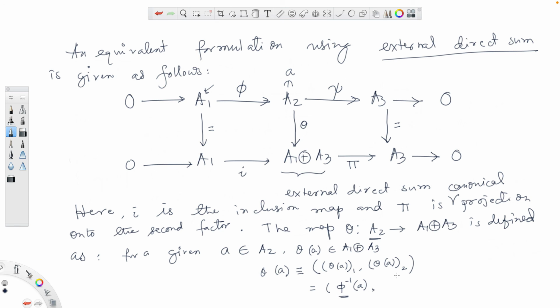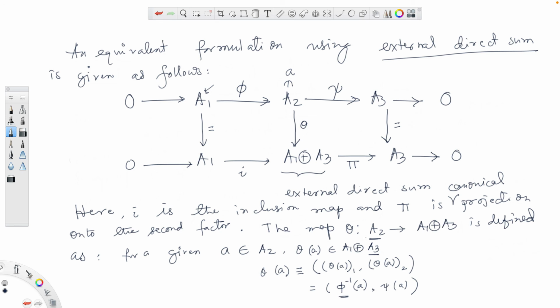The second component is defined as psi of a, which lies in A3. This is how we define the map theta.